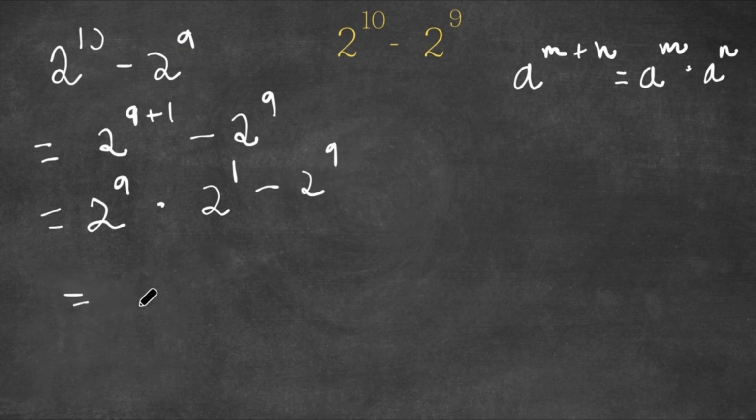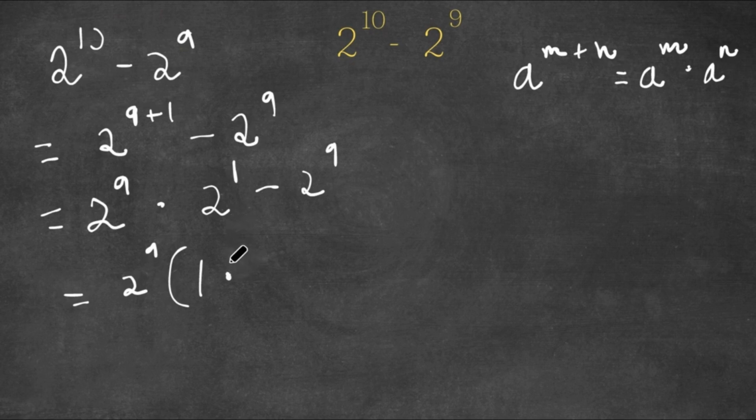And now I'm going to factor out 2 to the power of 9 from this. So if I factor out 2 to the power of 9, I get 2 to the power of 9 times, now 2 to the power of 9 divided by 2 to the power of 9 is 1.